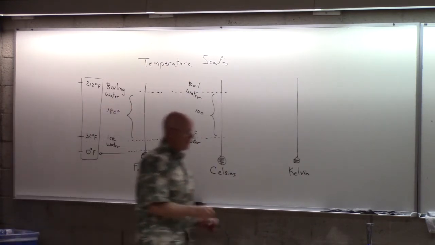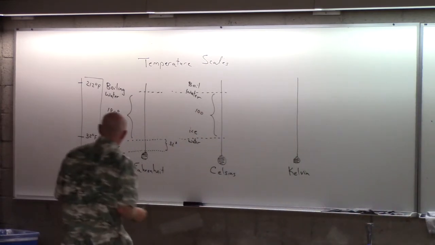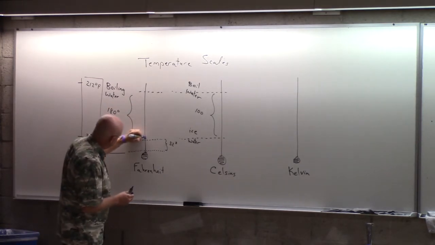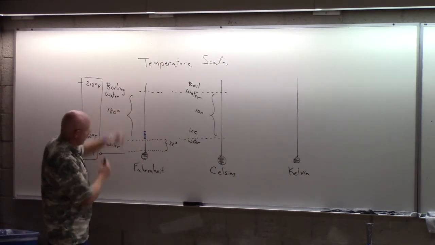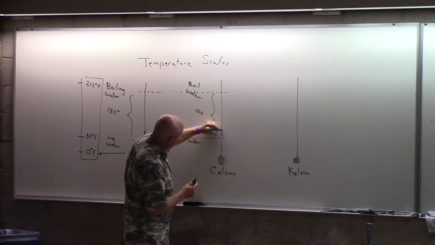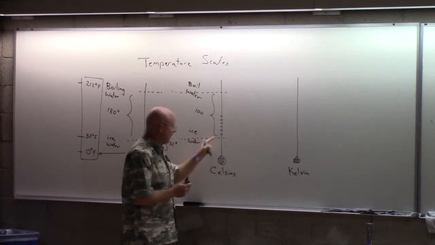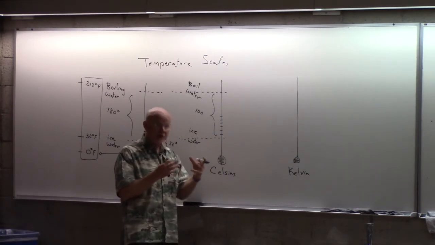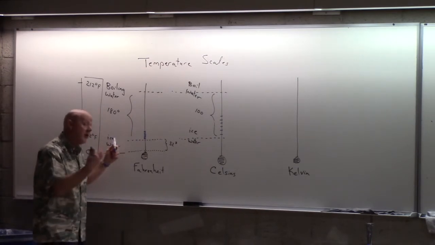Now, keep in mind, because this is going to come into the math in just a second, that if you have 180 of them between ice water and boiling water, and then you reduce that to only 100 of them, then these are bigger. These are bigger by almost a 2-to-1 ratio, right? 180 is not quite 200.